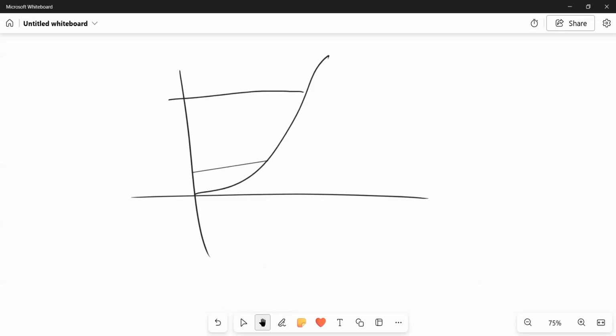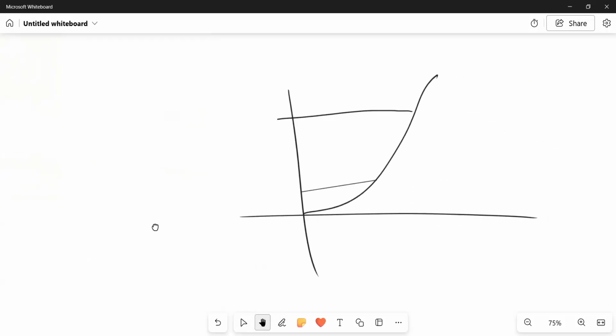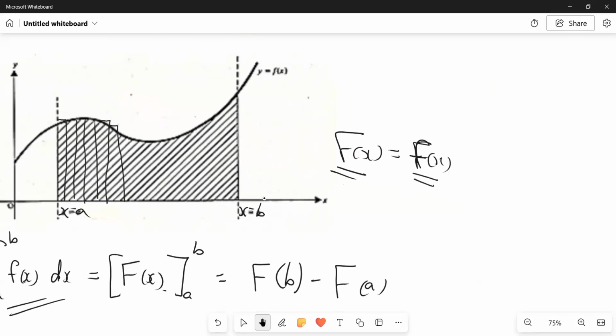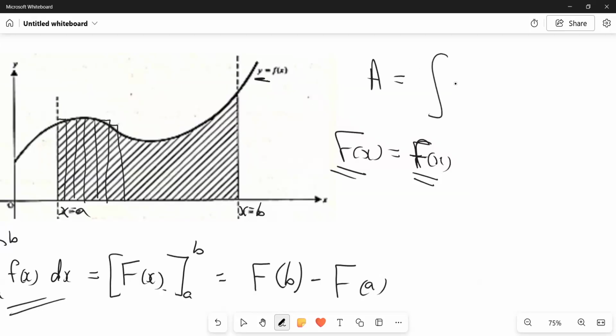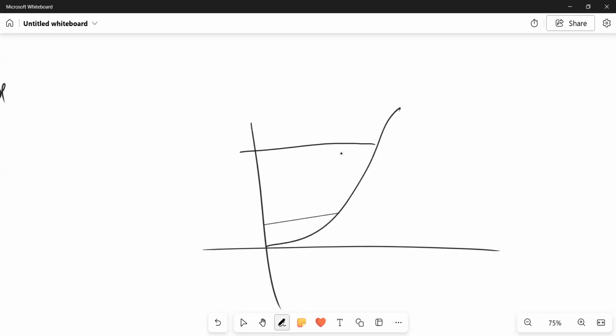If you let y equal f(x), the area here is equal to the integral of y dx from a to b, because usually y is some expression with x inside, x squared, 2x plus 1 and all of that. Good. If the graph is oriented differently, like this here, and you want to find this area, let's say from here is a to b.